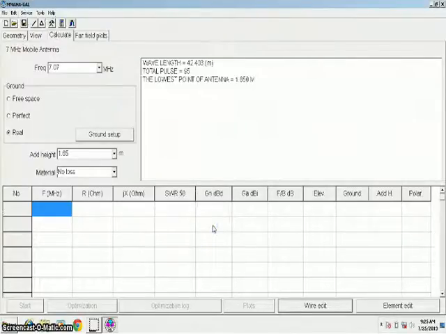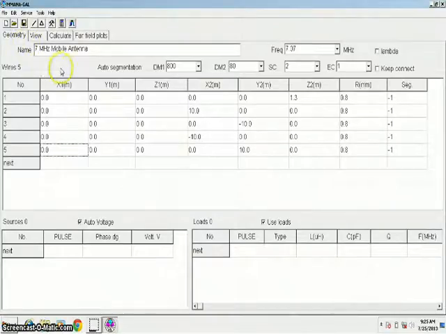Click OK. We could accurate the whole dimension on this geometry menu here. Okay, the whip length is not really accurate. This is 1.3. We should change this to 1.25 meter.